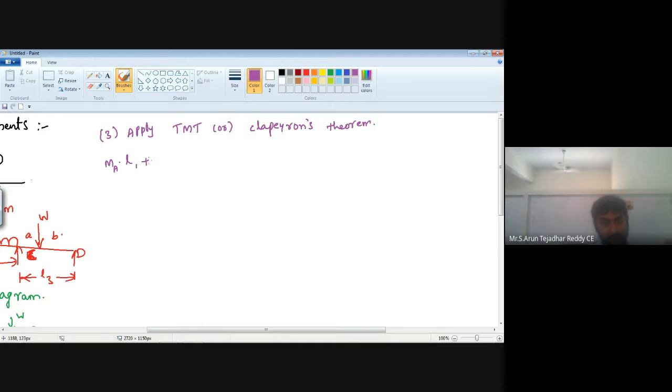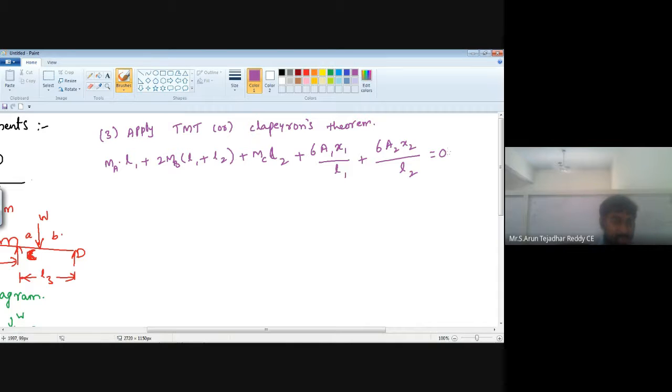MA L1 plus 2 MB (L1 plus L2) plus MC L2 plus 6 A1 X1 by L1 plus 6 A2 X2 by L2 is equal to 0.